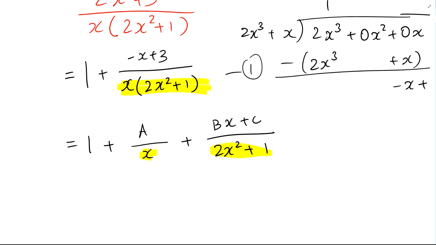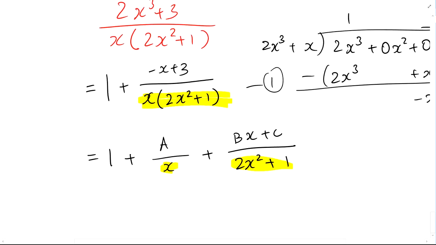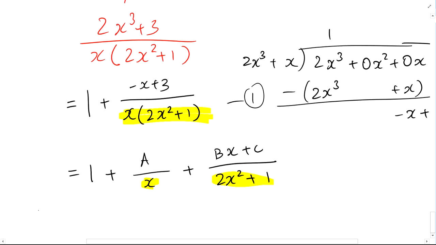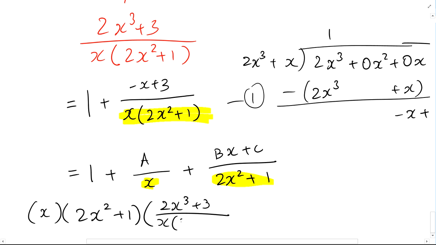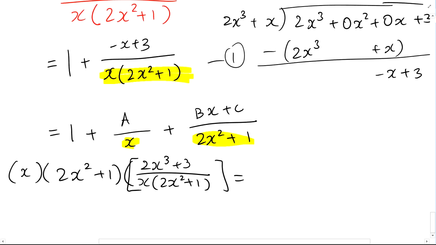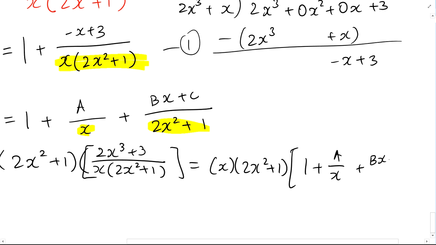So you mean x bracket 2x squared plus 1, multiply this to the original, 2x cubed plus 3 over x(2x squared plus 1), equals to everything over here, x(2x squared plus 1), 1 plus a over x plus bx plus c over 2x squared plus 1.